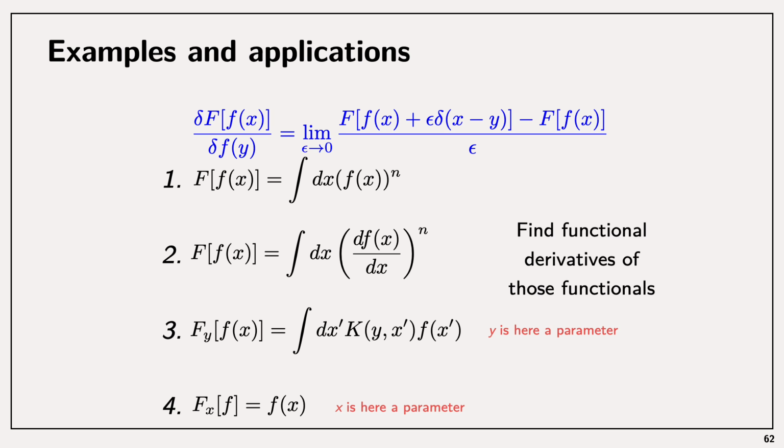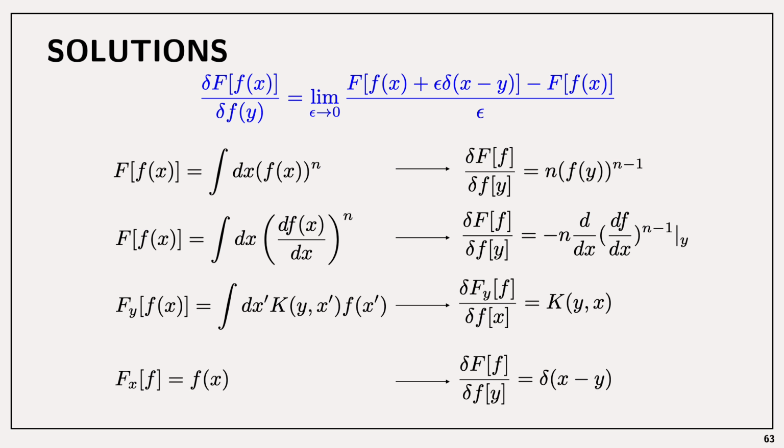So what I suggest you do, you try those, and then you go to the last slide of this presentation, which will give you the solutions. And the solution will be given by this. So you can either convince yourself that those results are what you would expect, or better, you do not look at this last slide and you do them first yourself and make sure that things are the same.